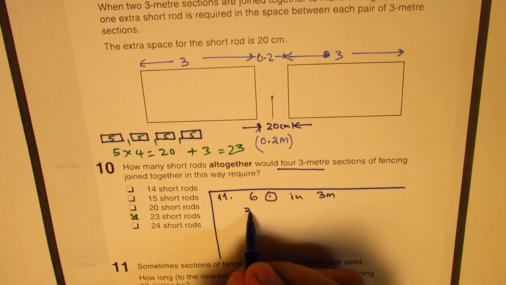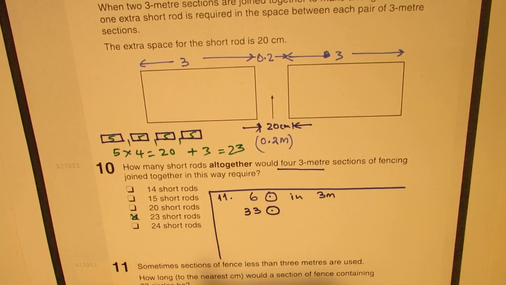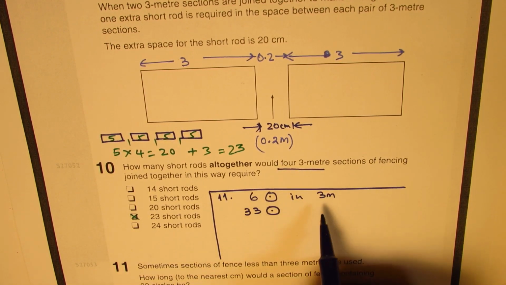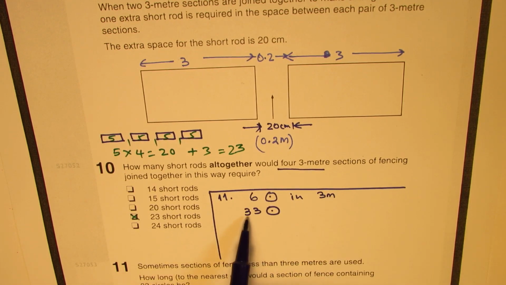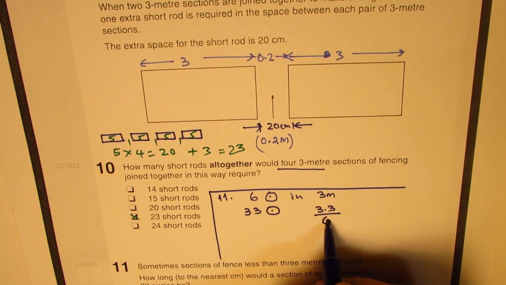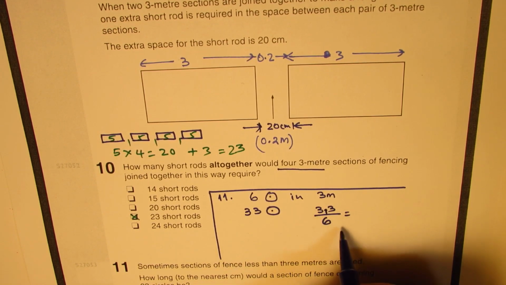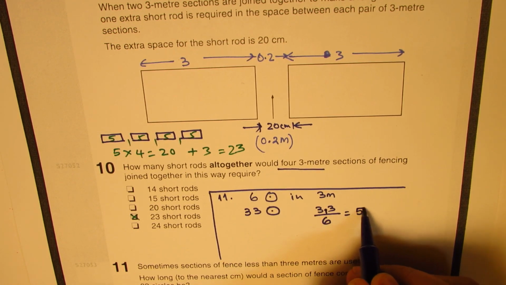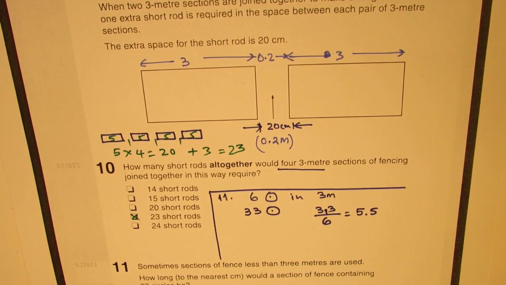Now we have 33. So 33 circles will mean how many sections of 3 meters? So we can divide 33 by 6, right? So 33 divided by 6 will be 6 times 5 is 30 and then 0.5, right? So that's what we get.